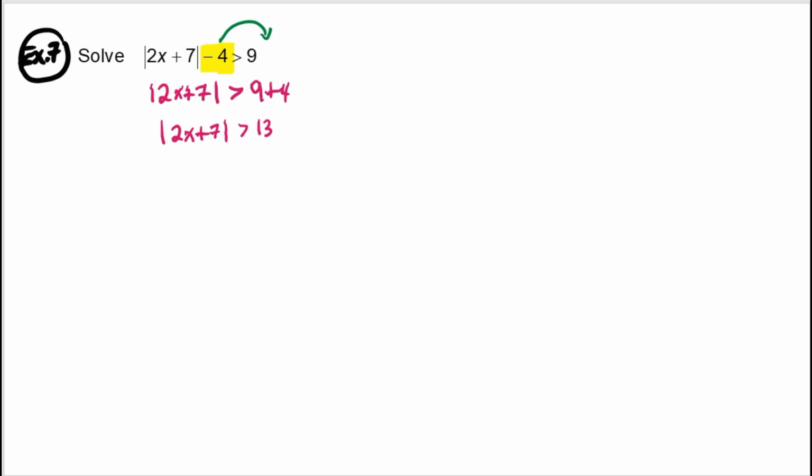All right, so we have to solve this using the previous theorem. We know that when it is greater than, so we have 2x plus 7. Right now I want to bring out that modulus, so I have 2x plus 7 less than negative 13, or 2x plus 7 which is greater than 13.